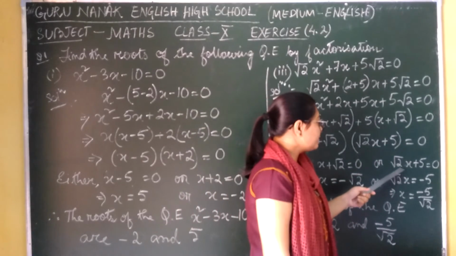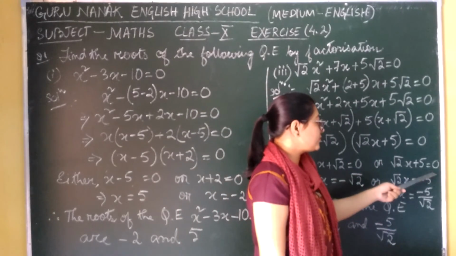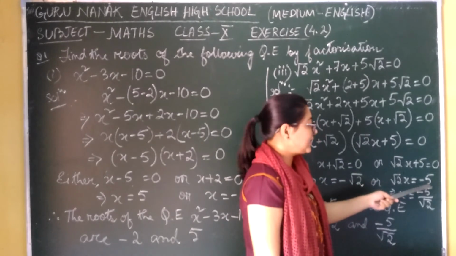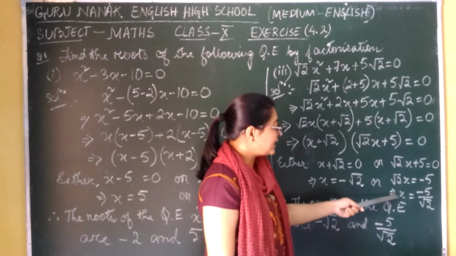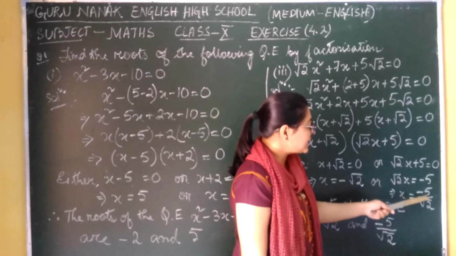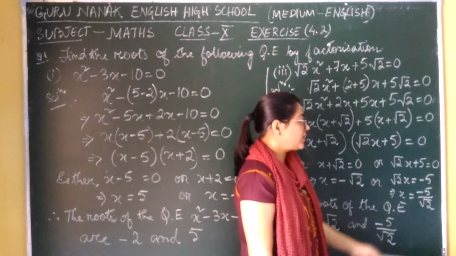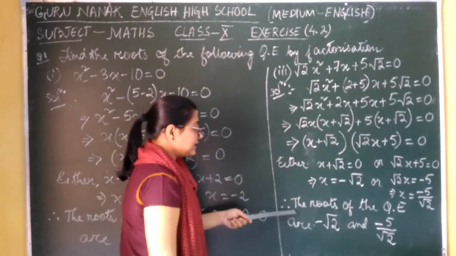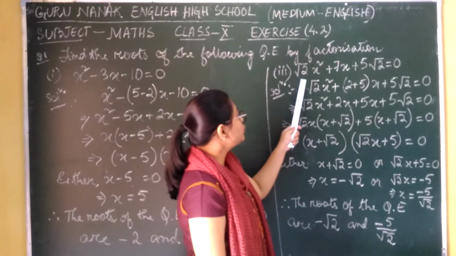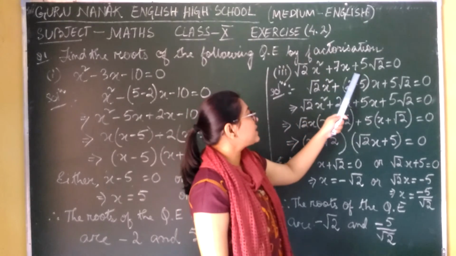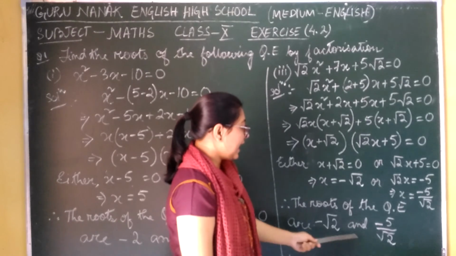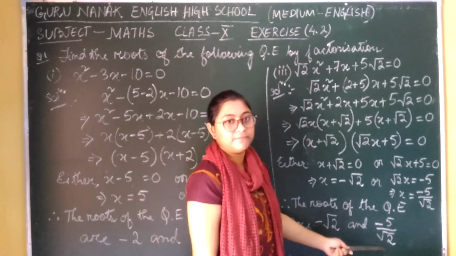Again, if we equate root 2 x plus 5 equals 0, first we will take 5 to the right hand side, so we get minus 5, and then we will take root 2 to the other side, so the value of x will be minus 5 by root 2. So from this we can say the roots of the quadratic equation root 2 x squared plus 7x plus 5 root 2 equals 0 are minus root 2 and minus 5 by root 2.